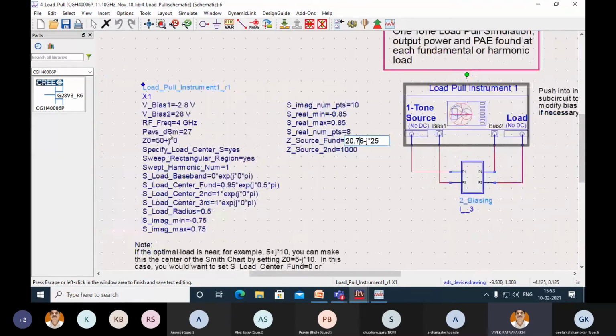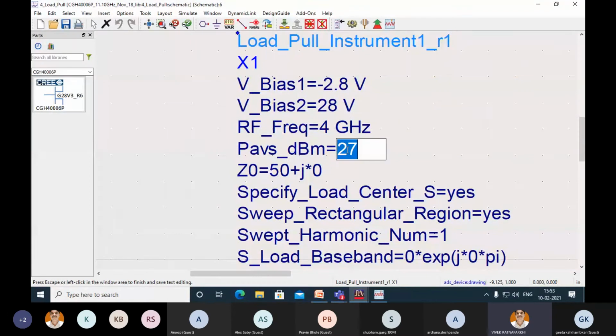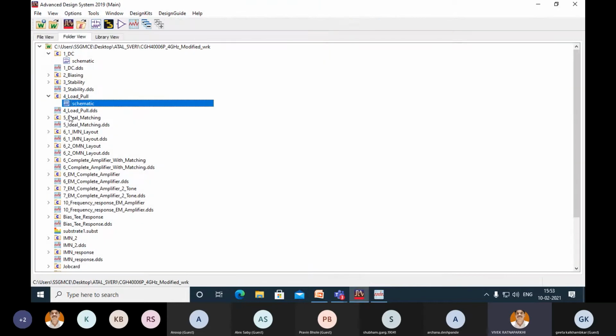And how you can choose this input power, there is a thumb rule: your output power minus gain plus 3 dB has to be taken as a thumb rule to decide your input power. Okay, once you have done these quite general settings, you can go ahead and plot load pull.